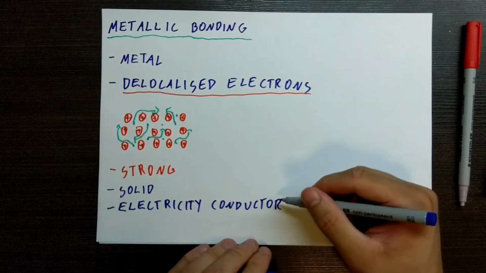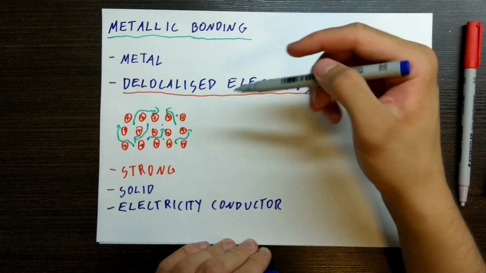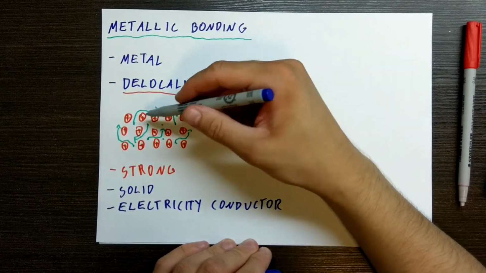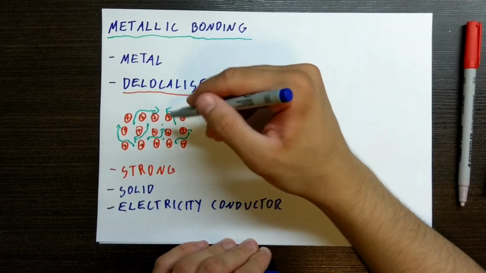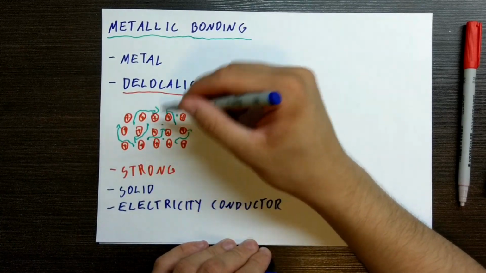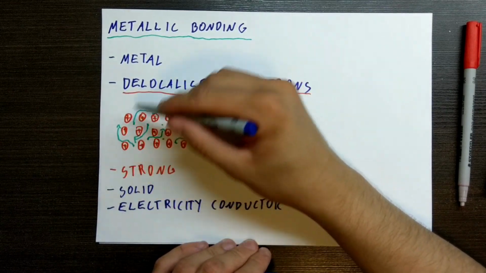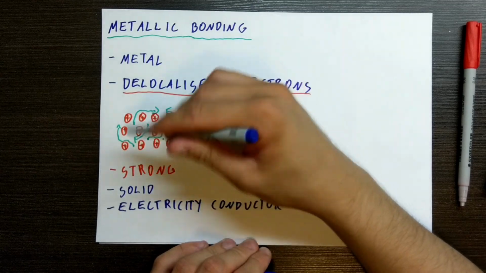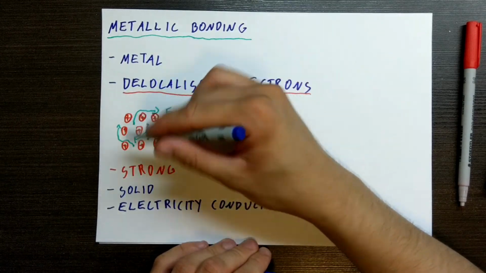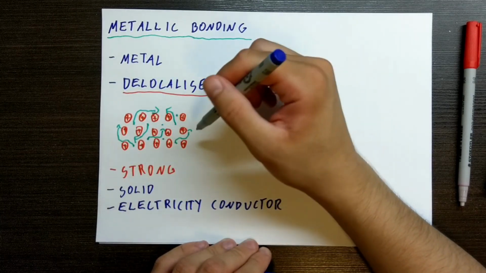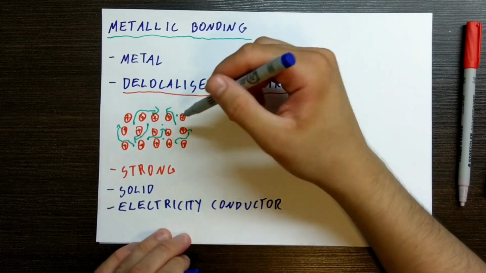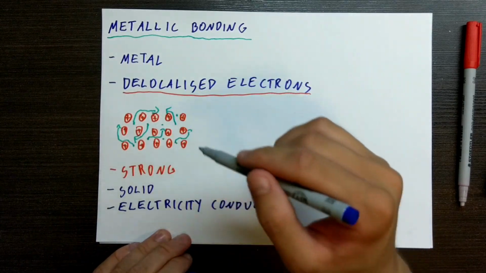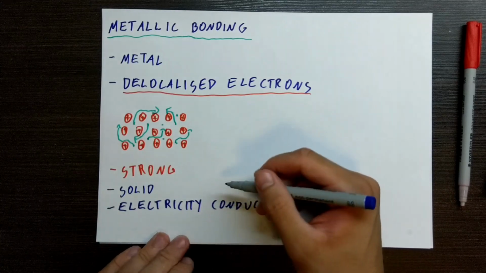Again, this is thanks to these delocalized electrons, because these electrons can move around, they can conduct electricity. They can move around, and they can transfer the electric current. They can move the electric currents because they are able to move around themselves. So that's why metals are great electric conductors.